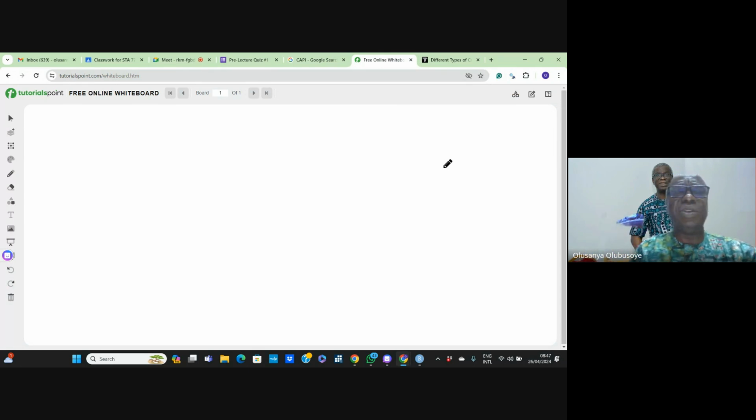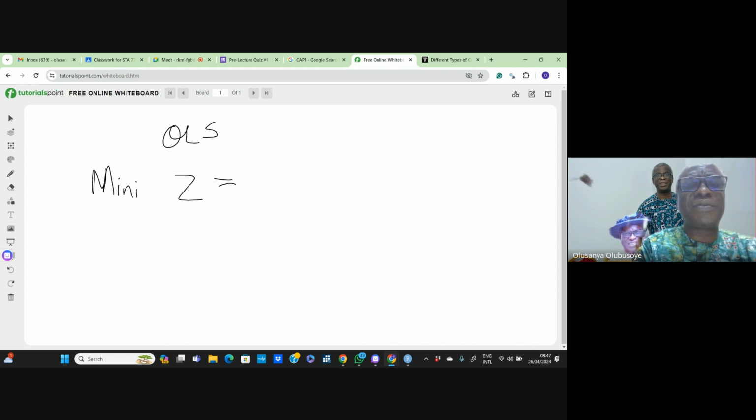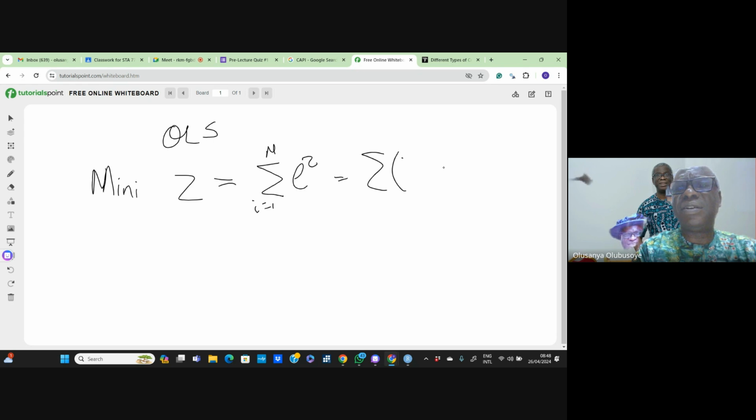If you are familiar with OLS, the criterion is to minimize the sum over i from 1 to n of (yi minus y cap) squared.